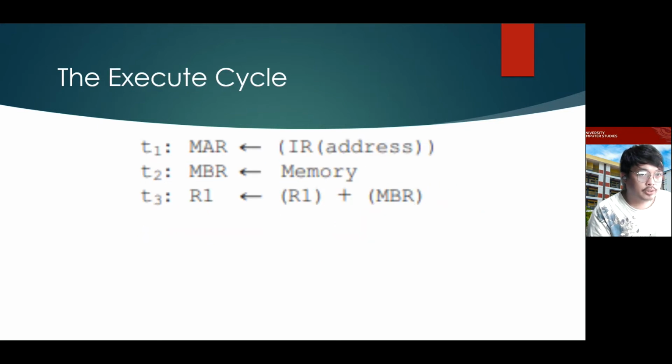Next is the execution cycle. The fetch, the indirect, and the interrupt cycle are simple and predictable. Each involves a small fixed sequence of micro operations, and in each case, the same micro operations are repeated each time around. This is not true in the execution cycle.